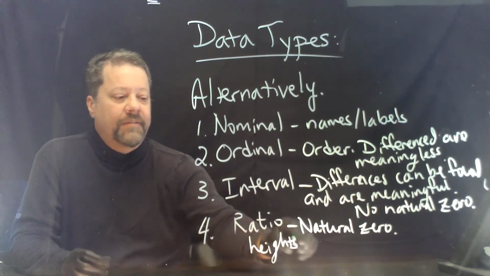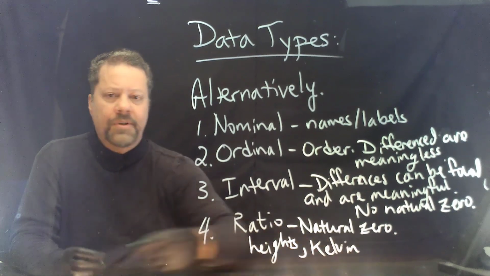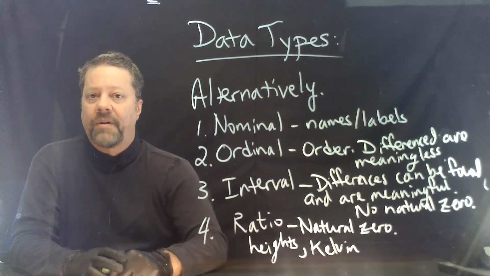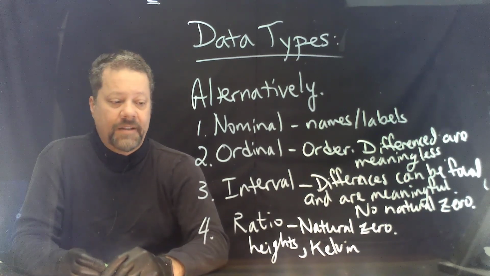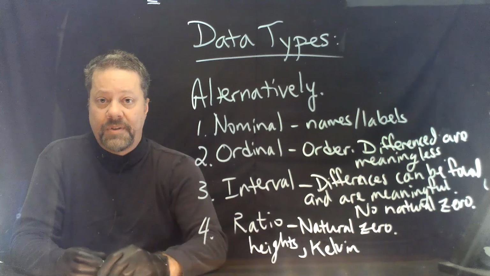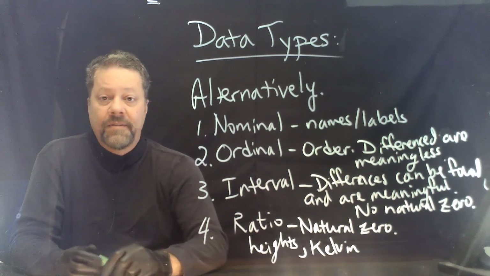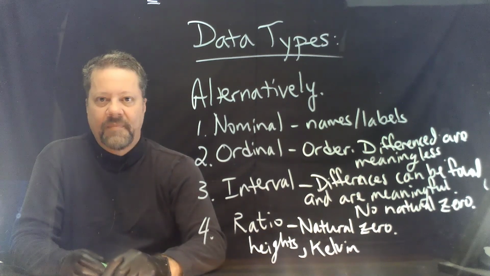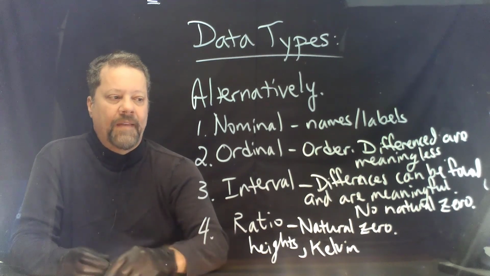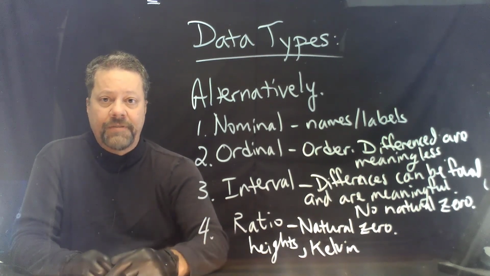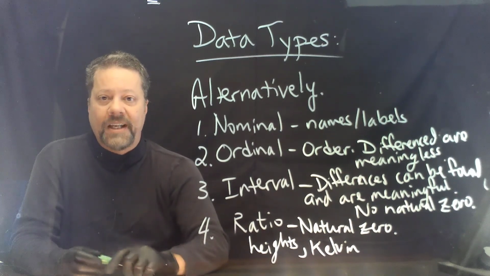So degrees Kelvin, the Kelvin temperature scale has a natural 0, absolute 0. Duration is another example where there's an absolute 0. Something lasts 0 seconds versus something that lasts 3 years. So yes, duration has intervals, and there's a natural notion of difference between them, but there's also a natural zero, and that makes it ratio data.